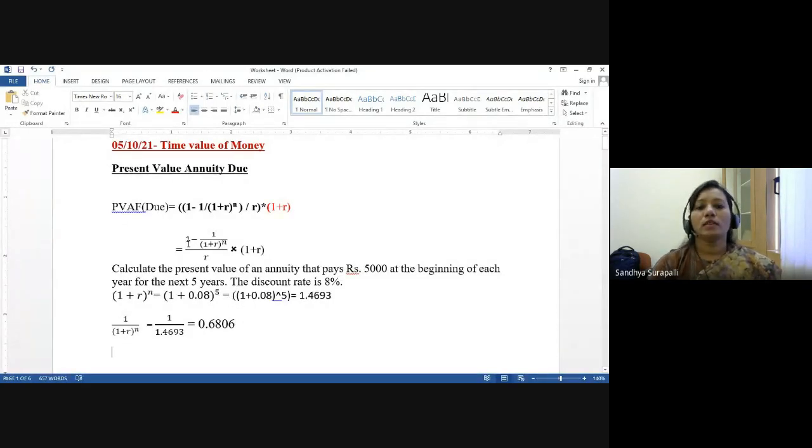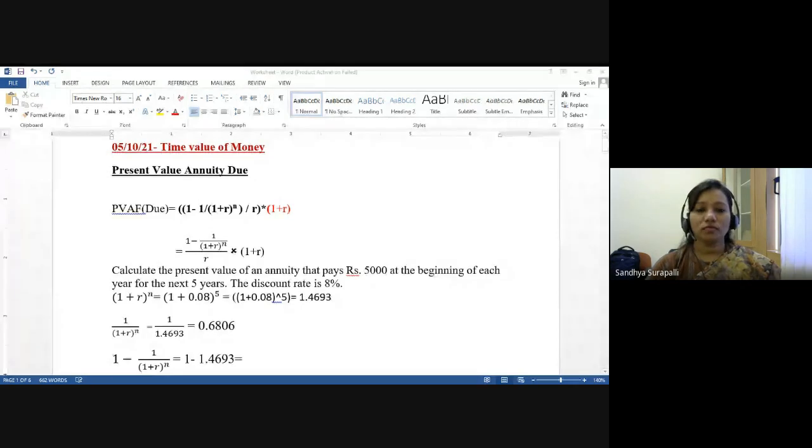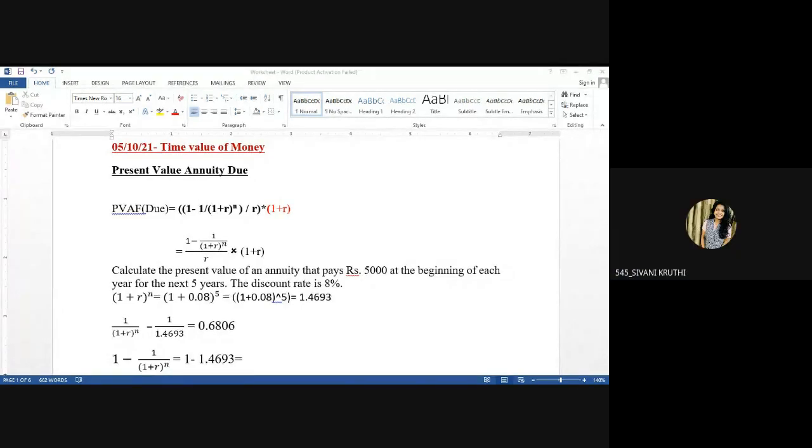Then 1 minus the whole thing. This whole numerator you find out now. So 1 minus 0.6805 gives 0.3194.